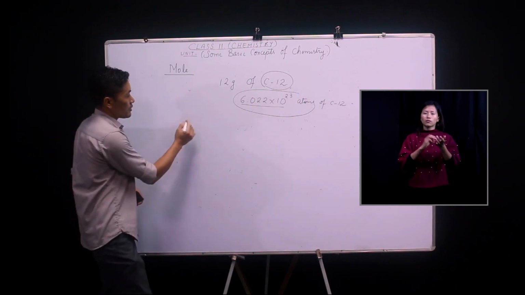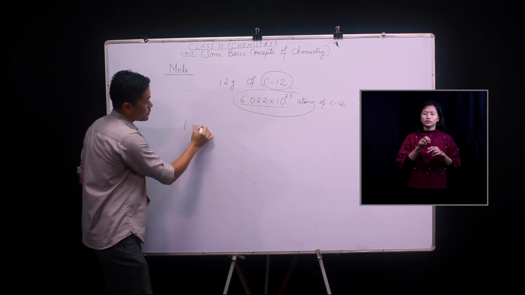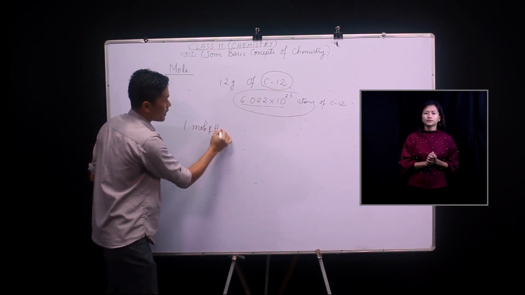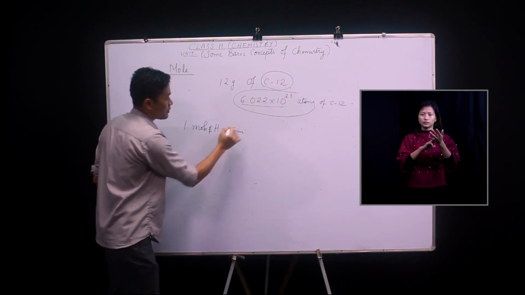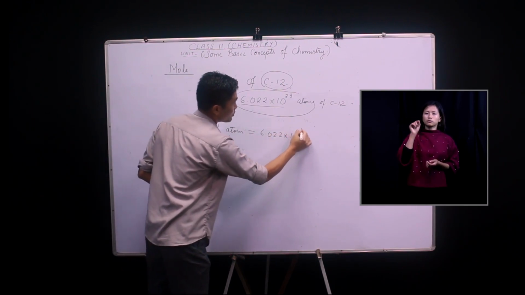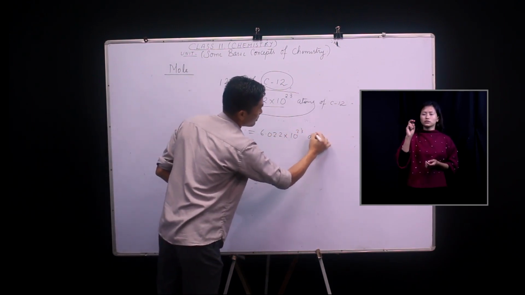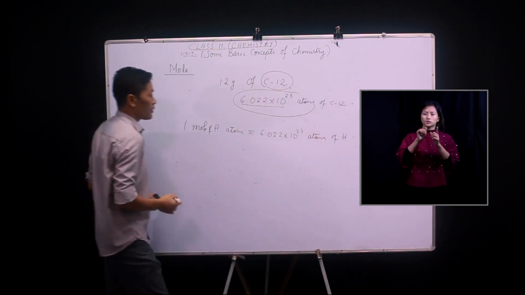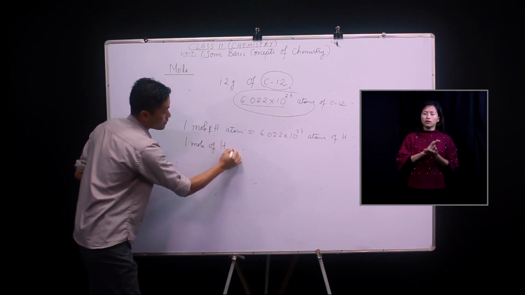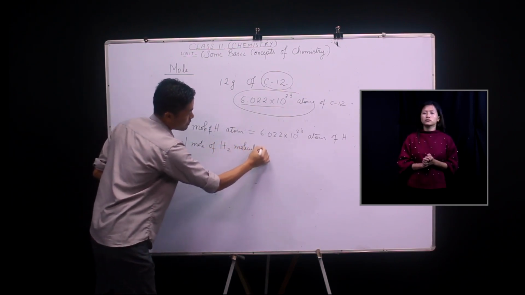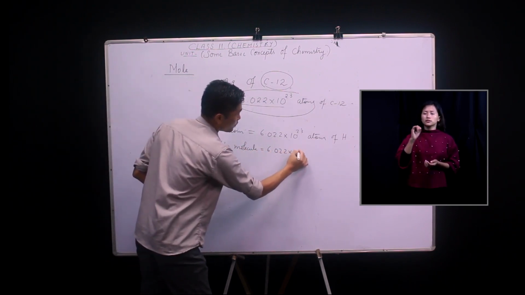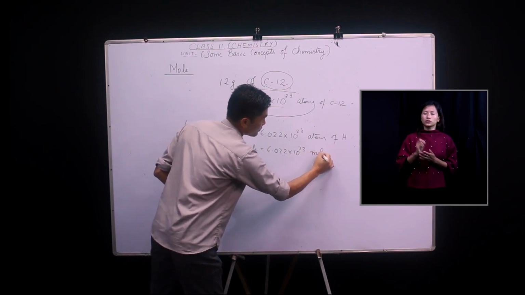So if we take 1 mole of hydrogen atom, it will contain 6.022 into 10 to the power 23 atoms of hydrogen. If we take 1 mole of hydrogen molecule, then it will contain 6.022 into 10 to the power 23 molecules of hydrogen.